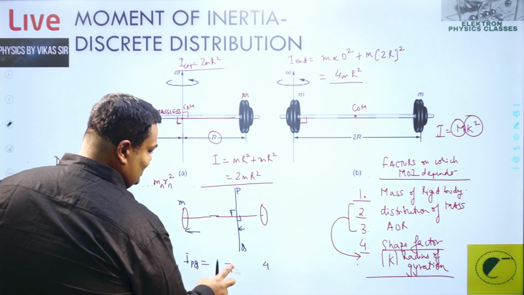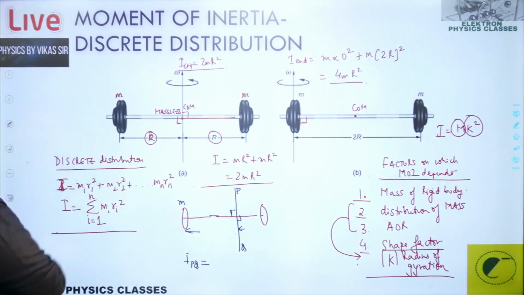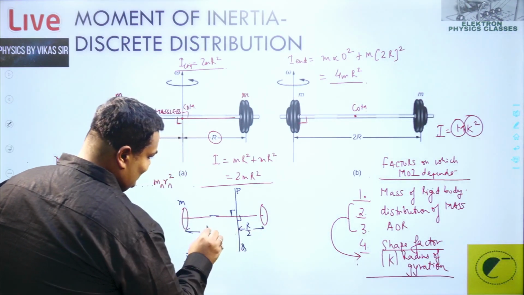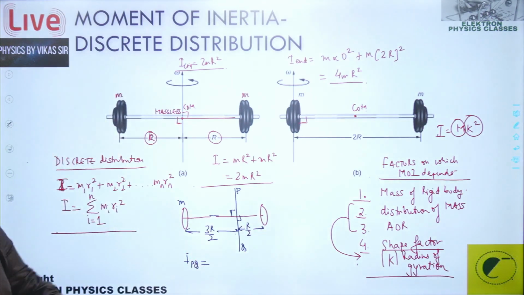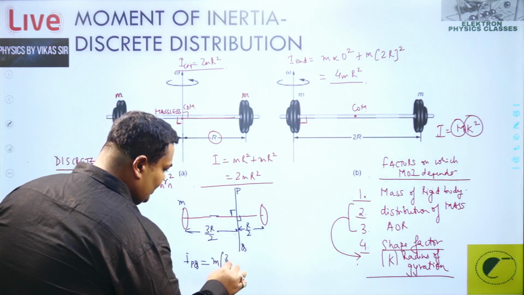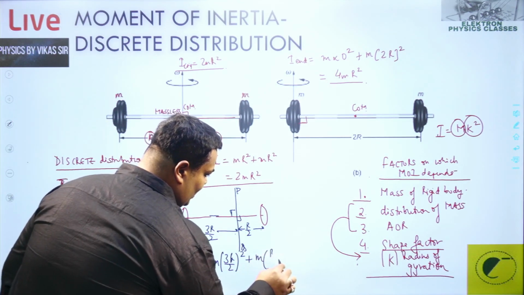So let's take the distances at 2r. Let's divide the distance as r by 2 and 3r by 2. Correct? So it becomes 2r complete. So that is m into 3r by 2 whole square plus m into r by 2 whole square.